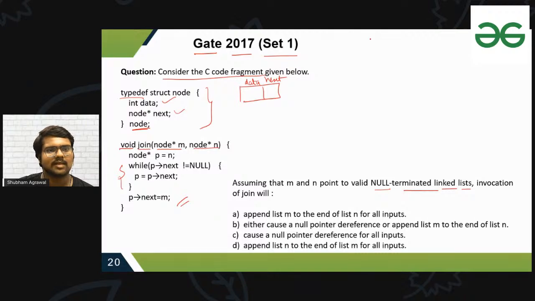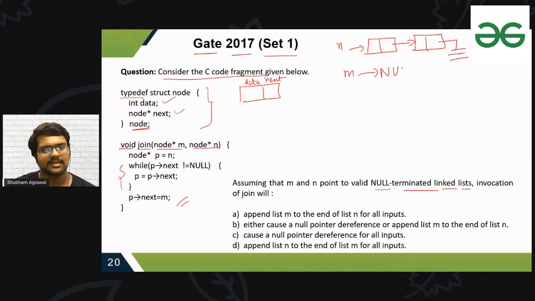So n can point to something like this, and here it is null terminated. And m can point to an empty list, so it is pointing to null. So it is also null terminated and it is valid. So here m can be an empty list.